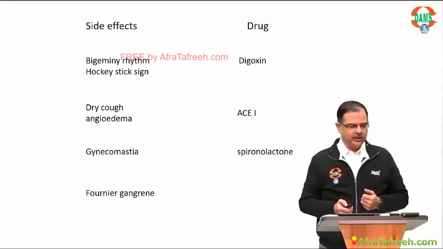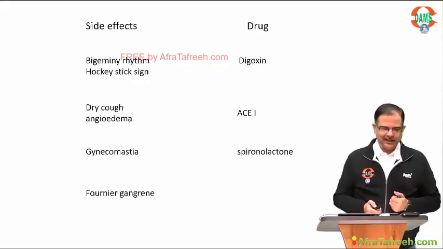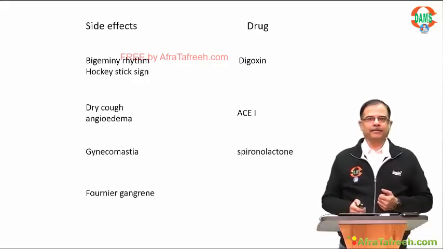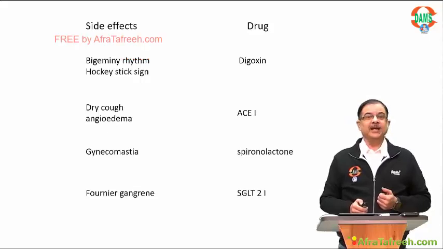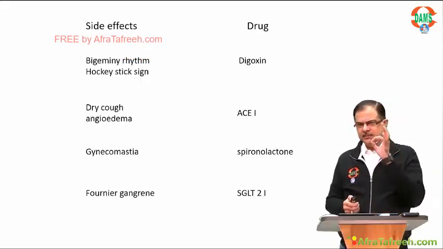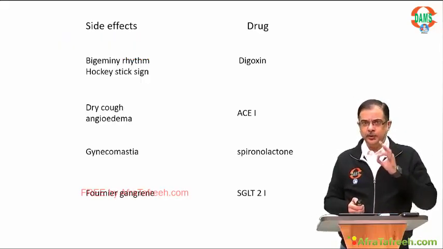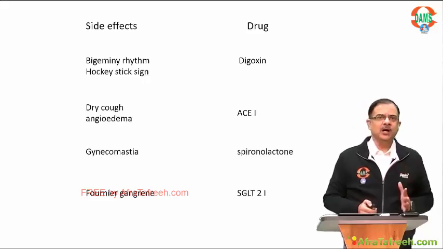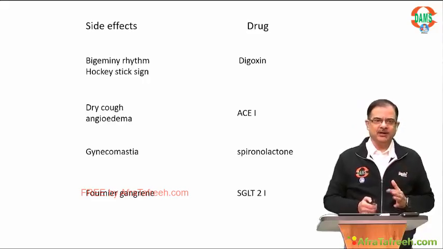So the drug which causes Fournier gangrene is SGLT inhibitors. So SGLT inhibitors have this side effect. So these are some characteristic, unique side effects of the heart failure medications.